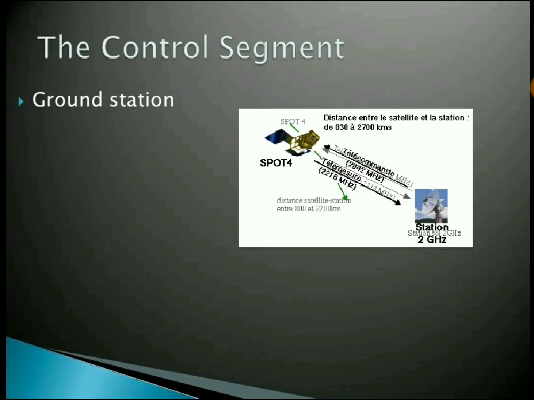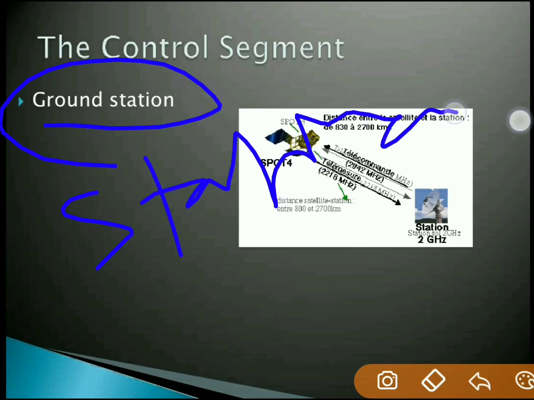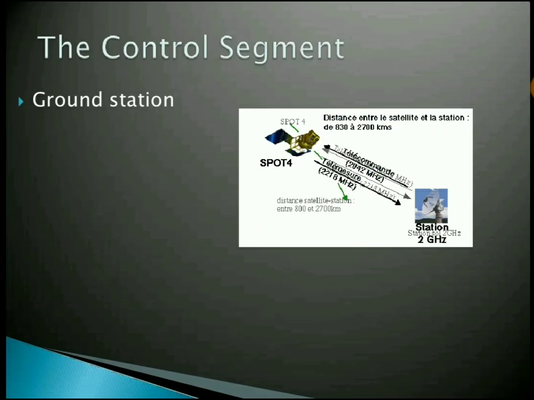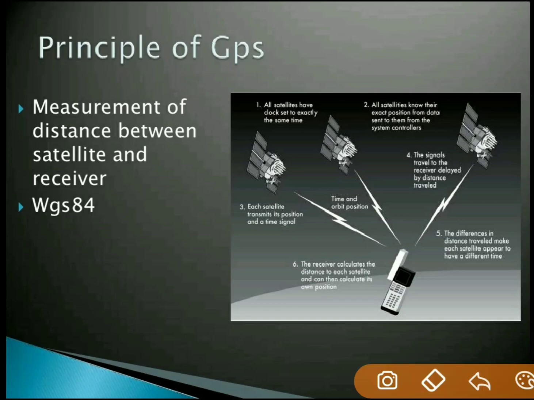Next, the control segment may be stations or towers, maybe any master control devices. These master control devices are all under the control segment. Next, the principle of GPS.